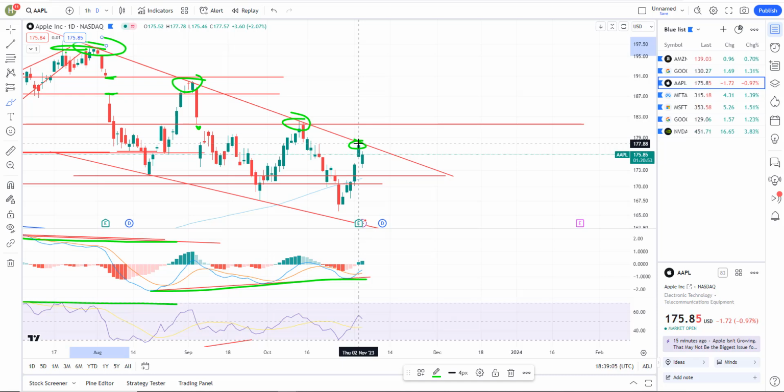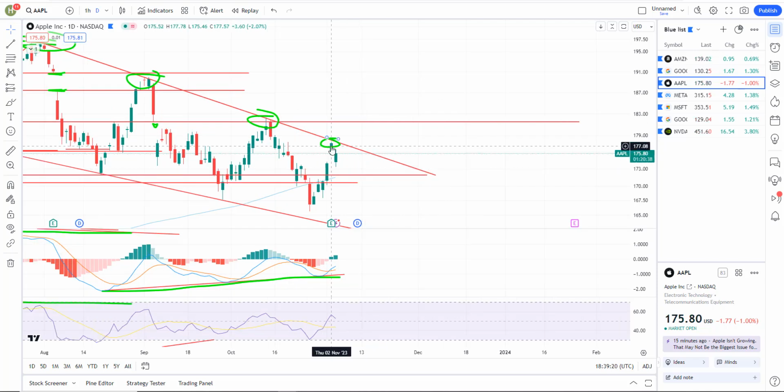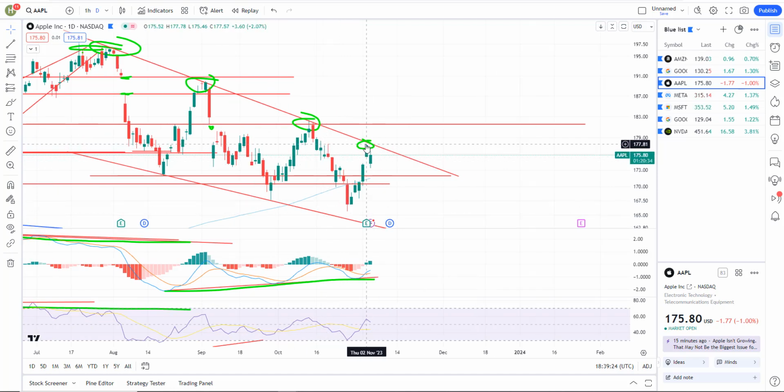Problem is, it was right ahead of earnings, so there's always the potential that earnings is going to foil the chart and it's going to break out. So that is one reason why I didn't want to specifically short Apple and wanted to be a little more diversified with triple Qs. But Apple being the major player in that index, and it was at resistance. So that was one key reason.